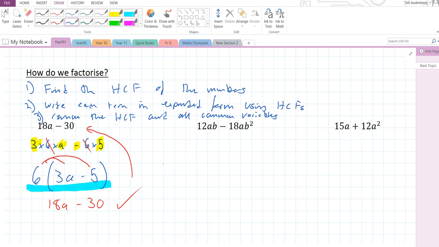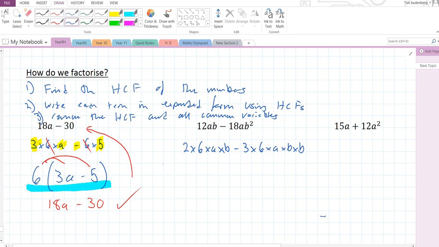Taking our second example. We're picking on 6 today, because 6 is also the highest common factor of 12ab and negative 18ab squared. So we write this out in expanded form using the highest common factors: 2 times 6 times a times b, minus 3 times 6 times a times b times b.